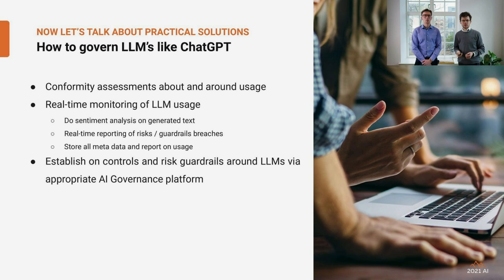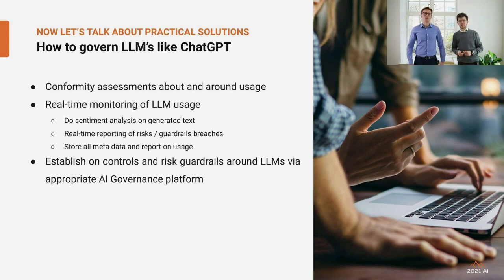And then storing all this information will deliver a digital proof of how the system has actually been used. That could help to detect whether there are misalignments between the original conformity assessment and the actual use.